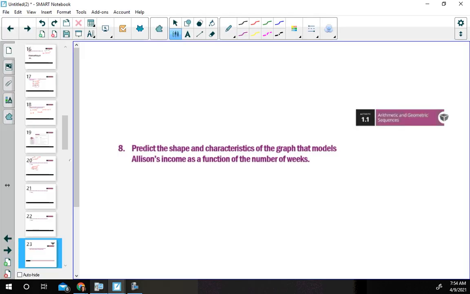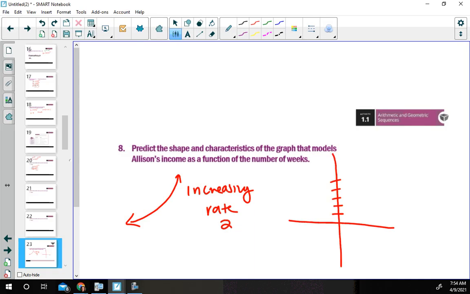So if I go back here, we know it's increasing. The rate is 2. Okay, if we think about what an actual y-intercept is, if I actually do this point here, that point is 0, 1. If I do this point here, that point is 0, 4. This point here, that point is 0, 6.